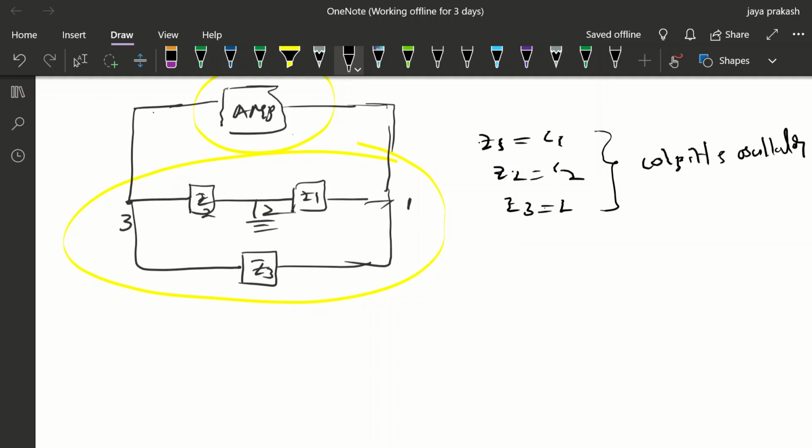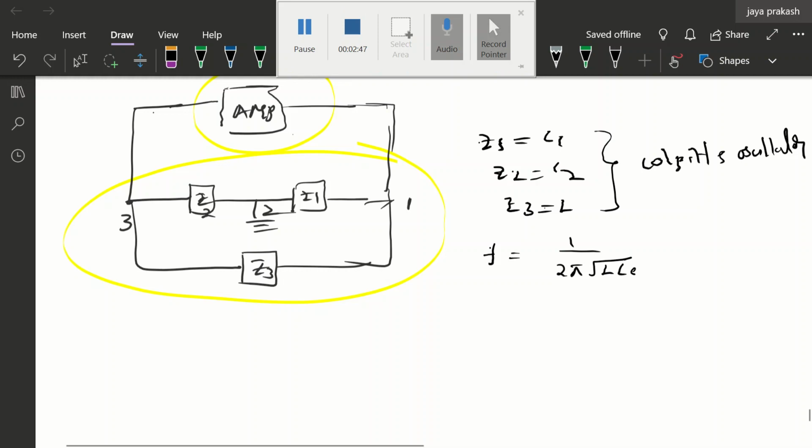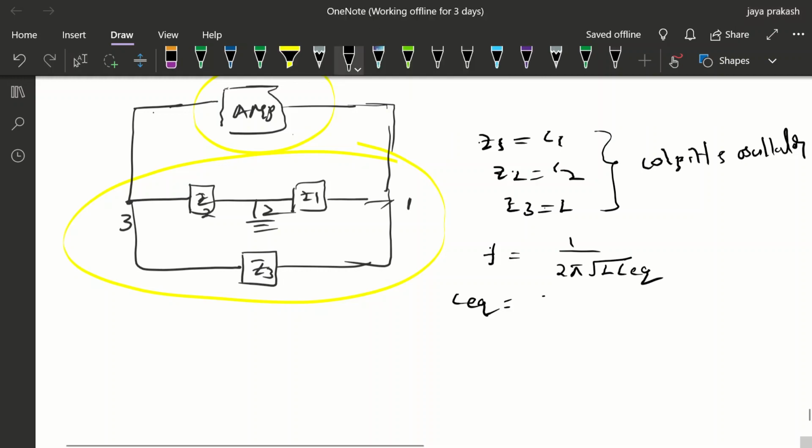And we have derived that the frequency of oscillation of the Colpitts oscillator is 1 by 2 pi root over L C equivalent, where C equivalent is equal to C1 C2 divided by C1 plus C2.